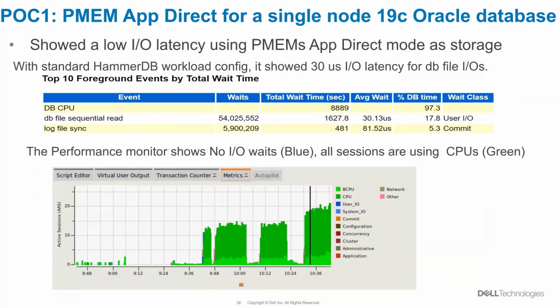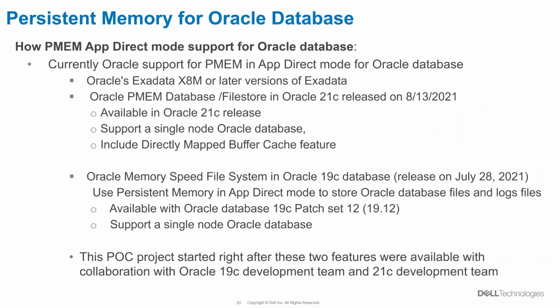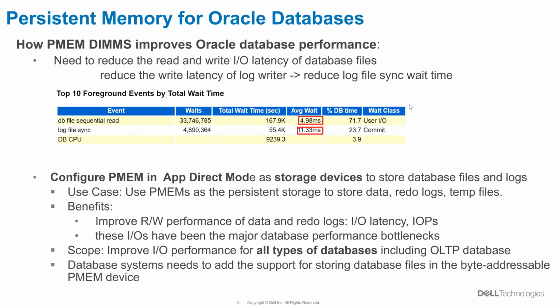So all this performance is based on 6 PMem. Remember we previously showed that we had this huge workload, with about almost 5 millisecond sequential read wait time and 11.5 millisecond wait time.